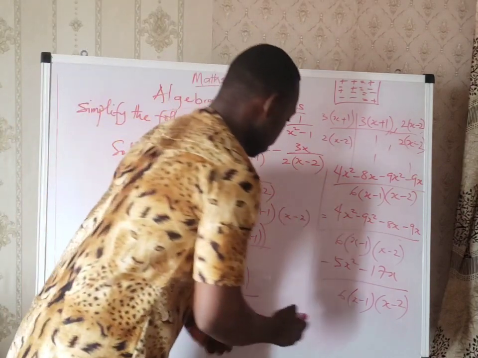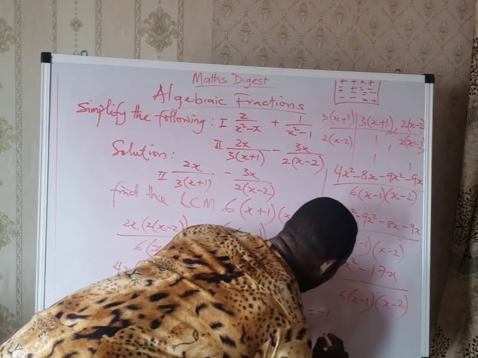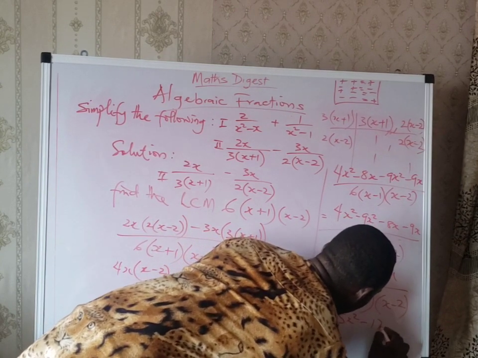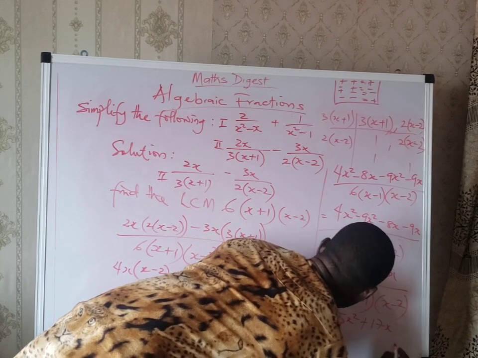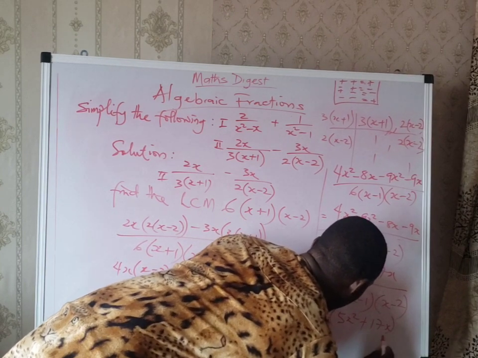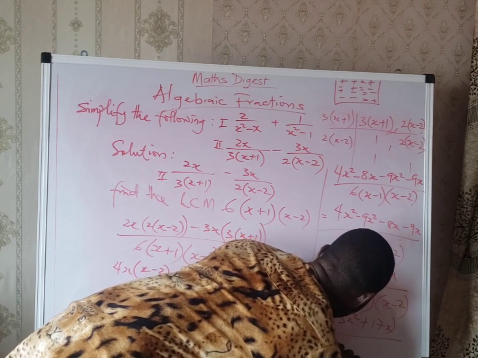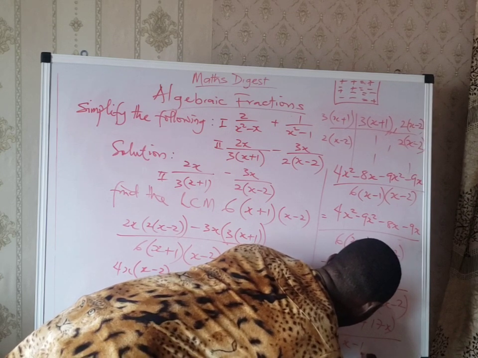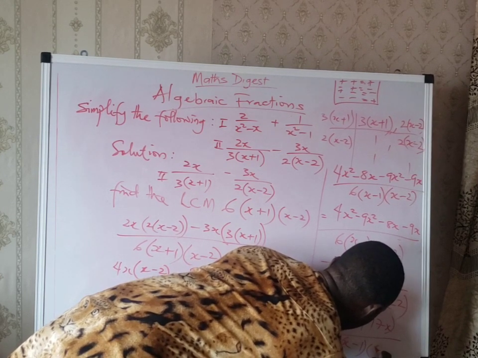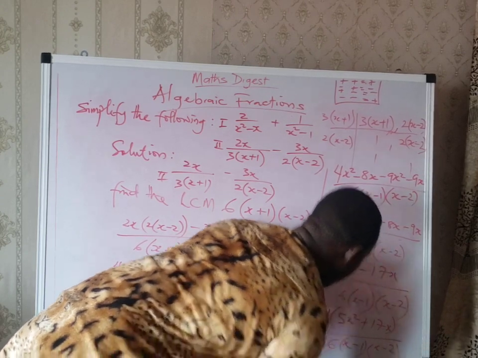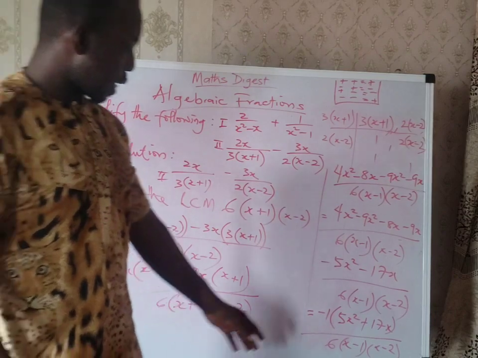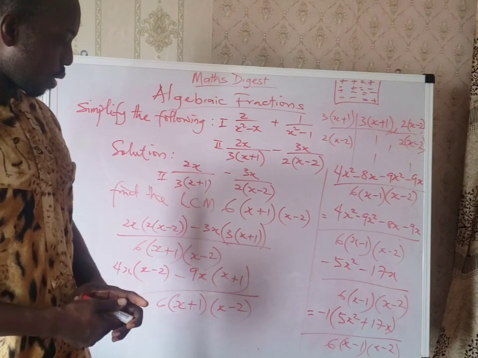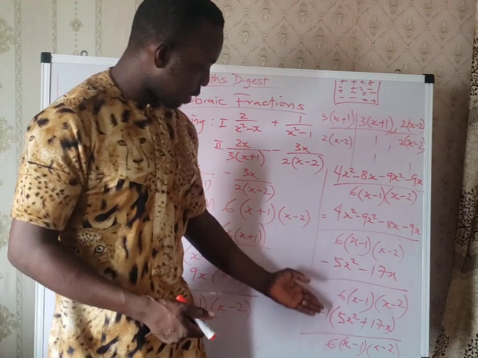So we can say, you can either leave it this way or you leave it this way, whichever one you want to do. Any of them gives you the answer, because looking at this and this, they are the same thing.